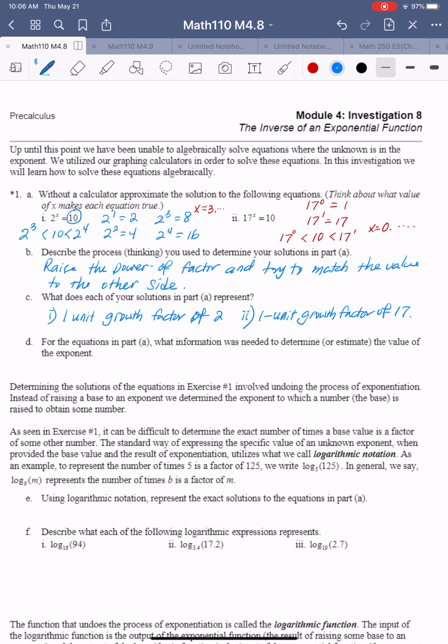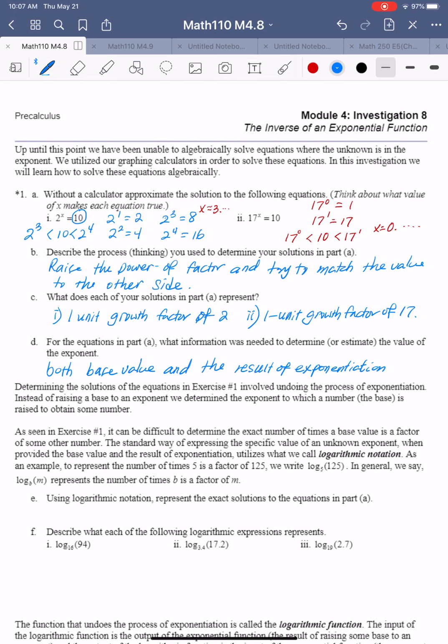For the equation in part A, what information was needed to determine the value of the exponents? We need both the base value and the result of the exponentiation to be known.